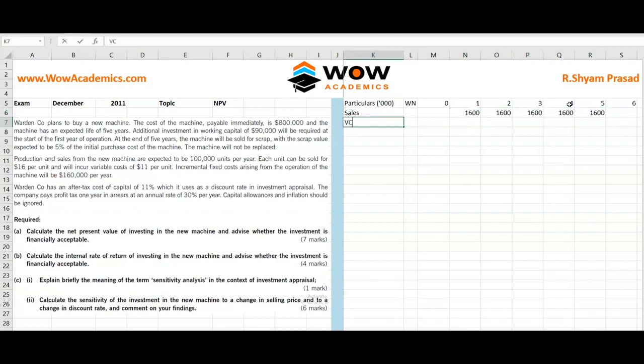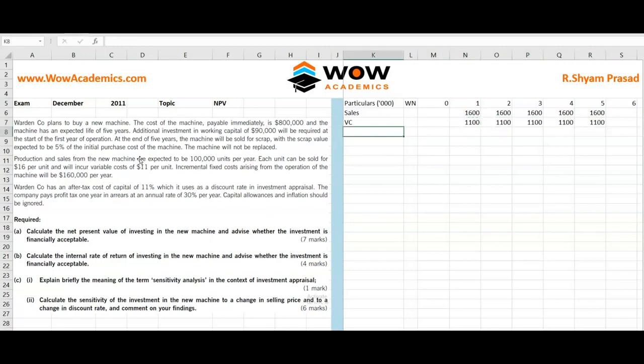The next one is variable cost. Variable cost is going to be the same kind of application. We'll take 100 as the units multiplied by the variable cost per unit, which is 11 per unit. So we'll take 1100 and spread it across 5 years.